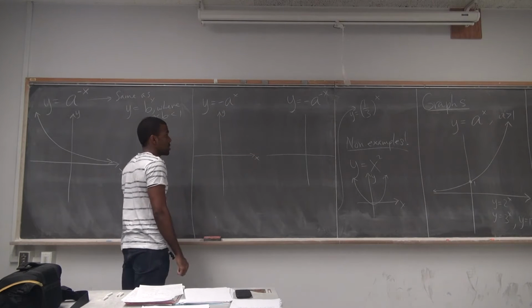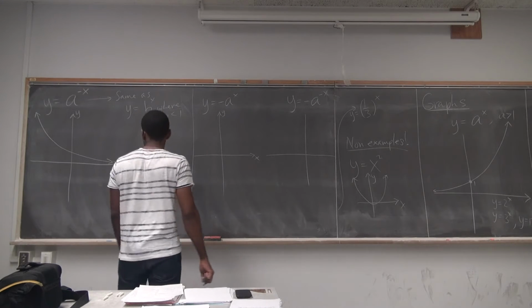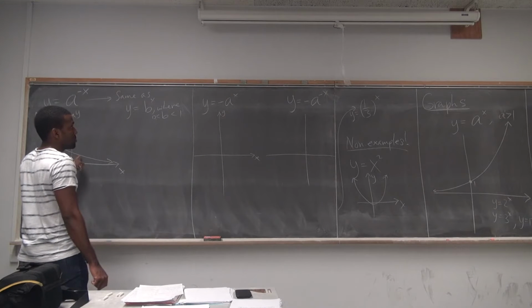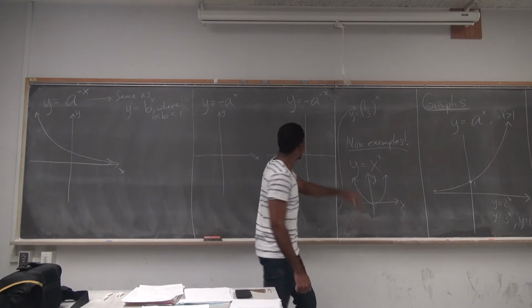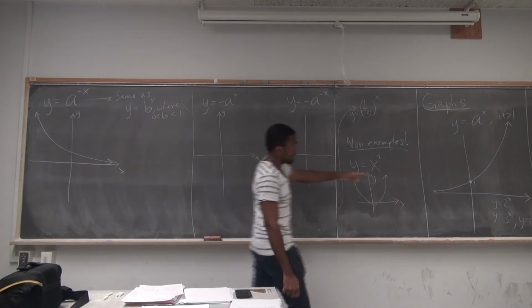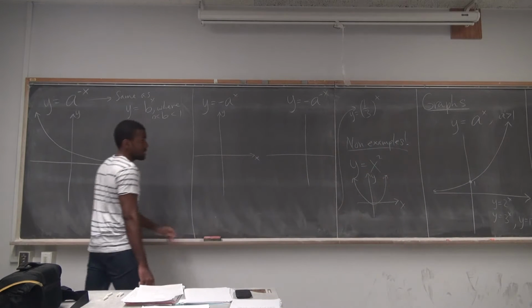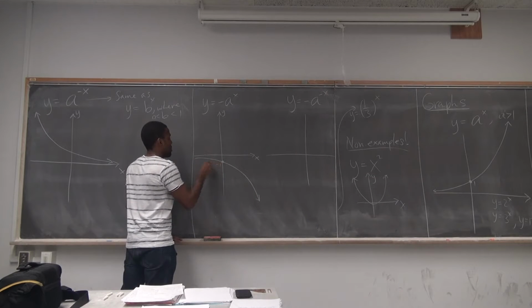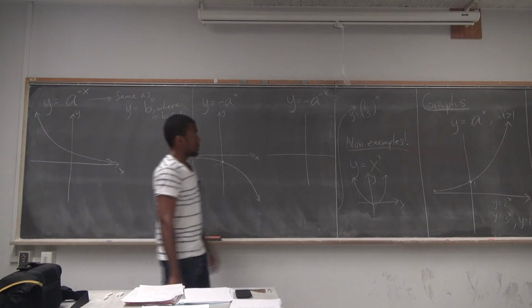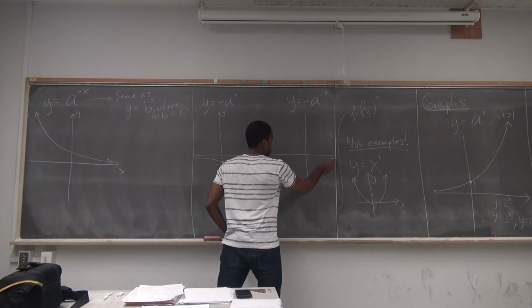Reflected over the x. Reflect that one over the x, right? So here I have a to the positive x, so it's kind of like this guy, but I put a minus in front, so that one is reflected over the x-axis, and that would look like this. This guy is reflecting that one over the x-axis, so that one will look like that.